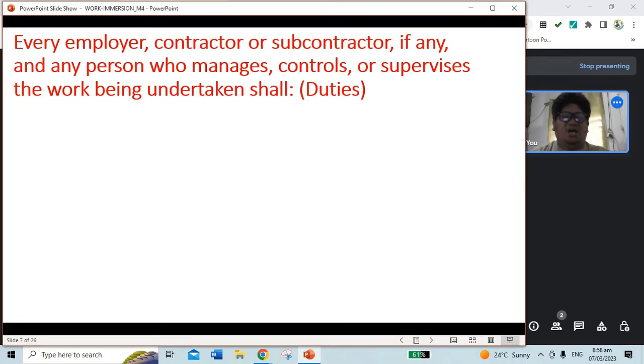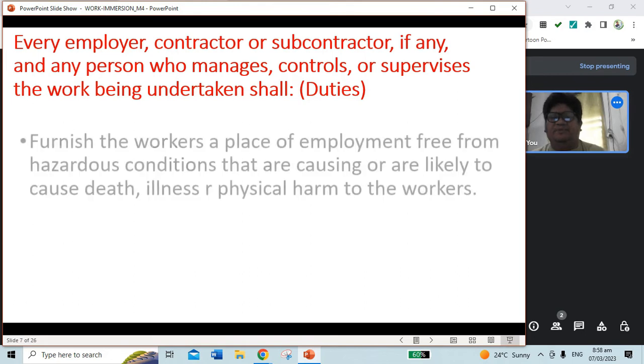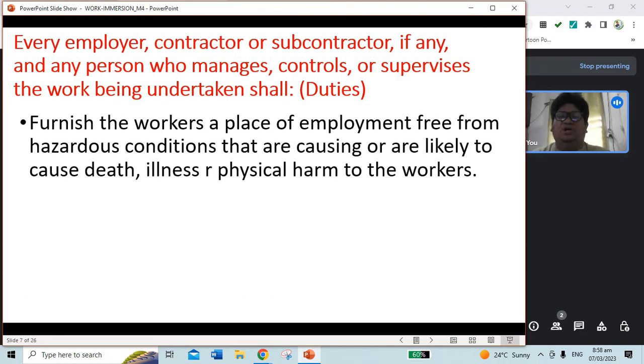So pinag-uusapan na natin dito yung mga duties ng mga employer. Number 1, furnish the workers a place of employment free from hazardous conditions that are causing or likely to have caused death, illness, or physical harm to the workers.